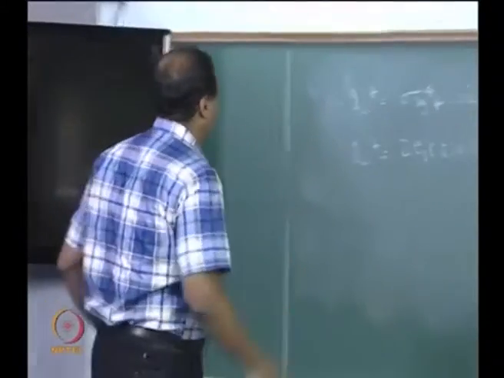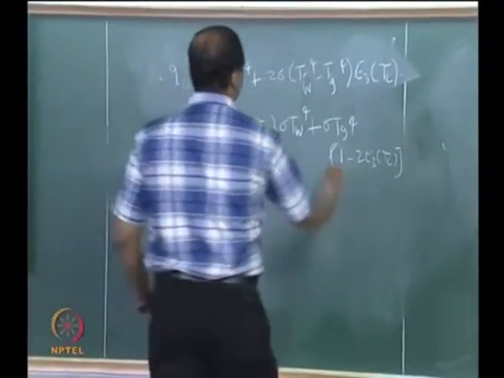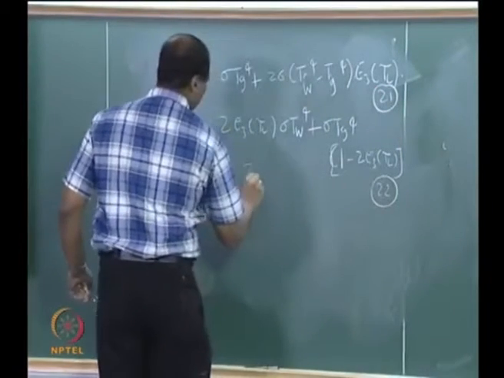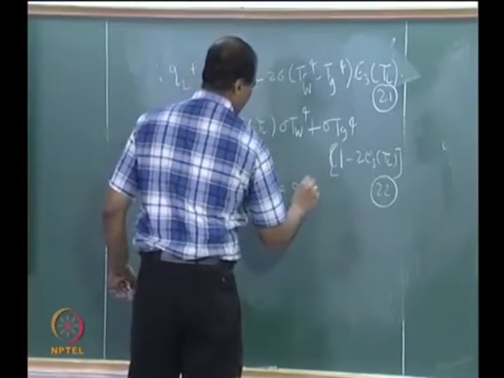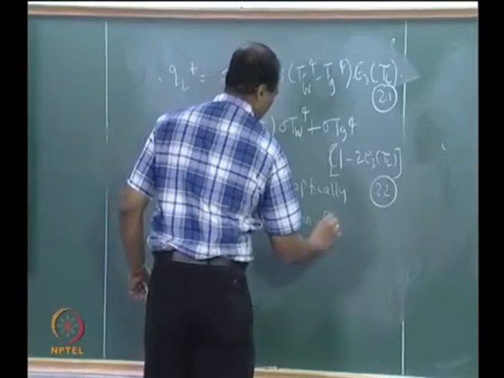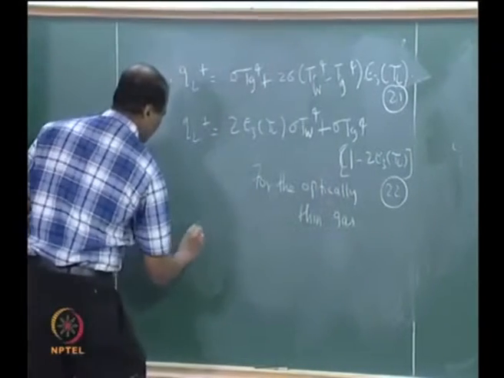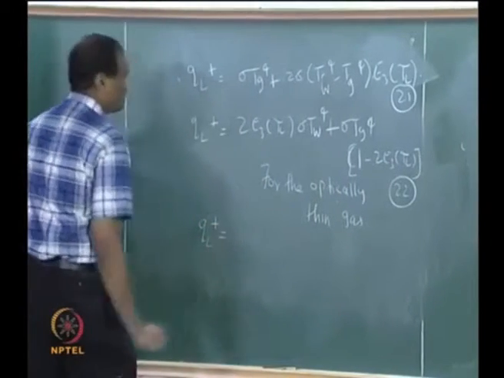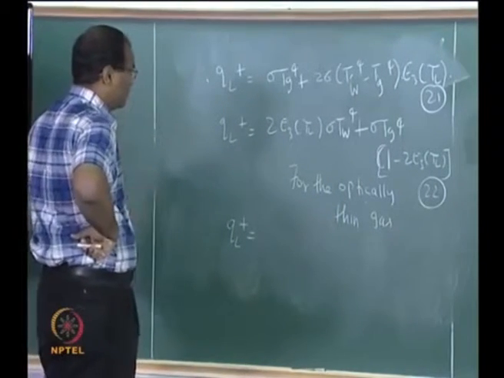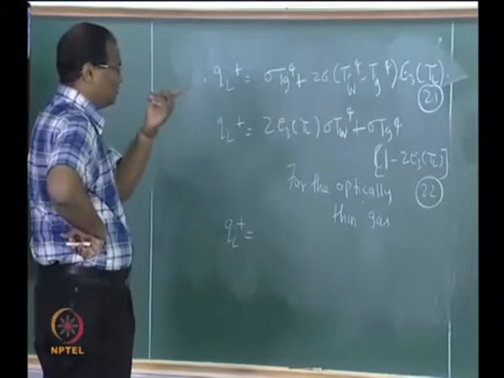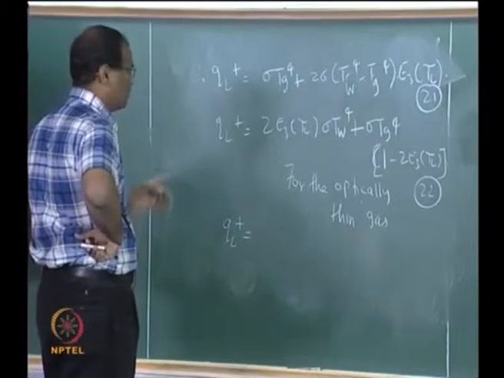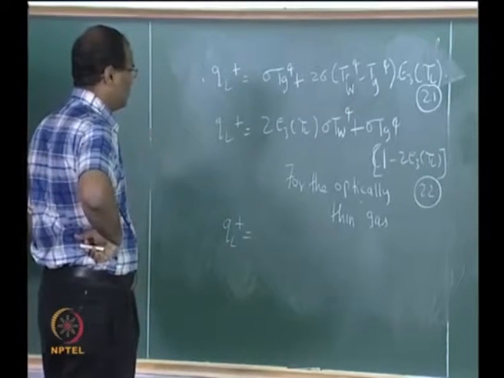Now we will apply this for the optically thin gas. What is E3? Half minus T. Therefore, this will be 1 minus 2T.